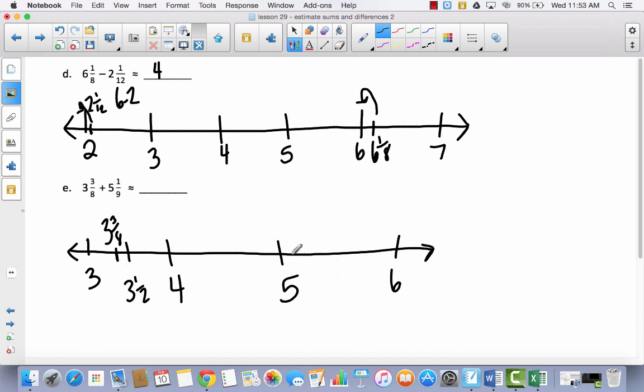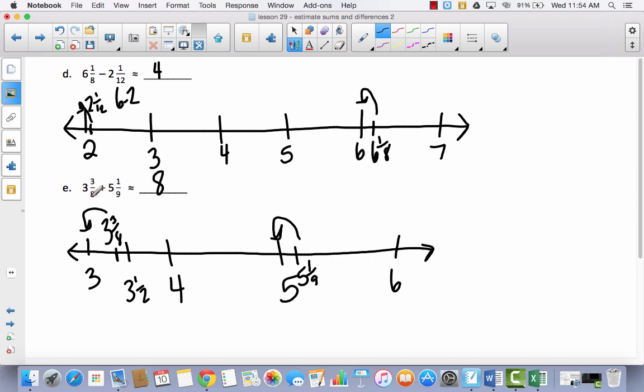And then 5 and 1/9, if I divide this into 9 parts, 5 and 1/9 is going to be the very first ninth. Now here's where you and I may have our numbers differ. You may have said, well, 3 and 3/8 is closest to 3, and 5 and 1/9 is closer to 5. And then you could have said 3 plus 5 equals 8, and that would be correct.